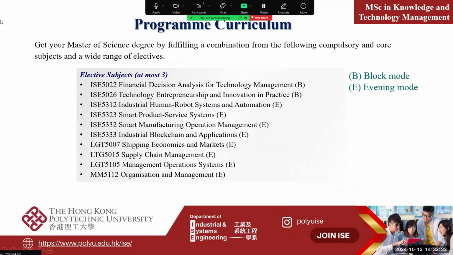And then we also have a lot of elective subjects the student can select based on their own interest. So I'm not trying to emphasize all of them, but one of the subjects I'm trying to emphasize is 5026, technology, entrepreneurship, and innovation. I think this kind of subject is very important because a lot of our students in the future may work in an enterprise as a leader, maybe to manage an enterprise.